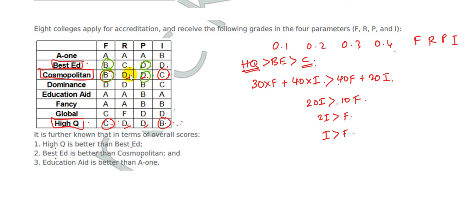So the difference is between R and I. So B is greater than C. That means B has got a better score in R. So the weightage for R has to be greater than the weightage for I. So between these two, I can say R is greater than I. Clear?